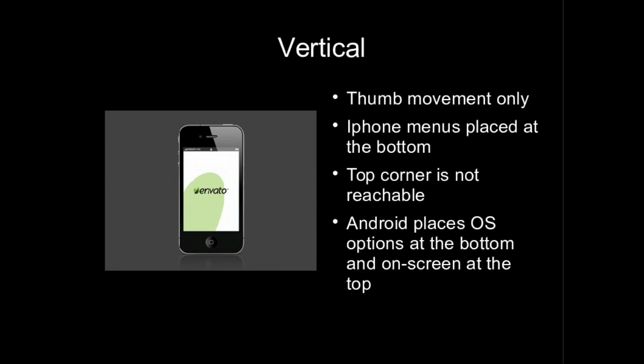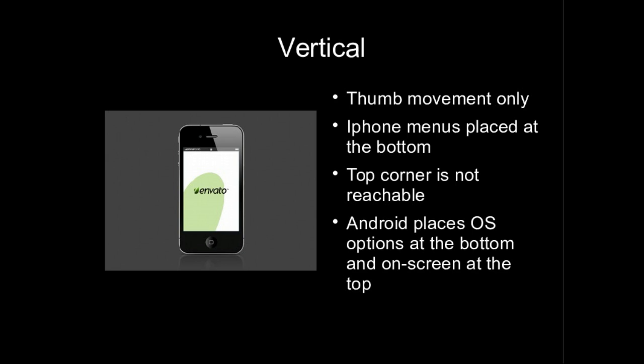When you hold the cell phone vertically in your hands, only the thumb is available for movements, whereas in the earlier desktop case, the whole hand is available for input. Here in the cell phone, only the thumb is available for movements.